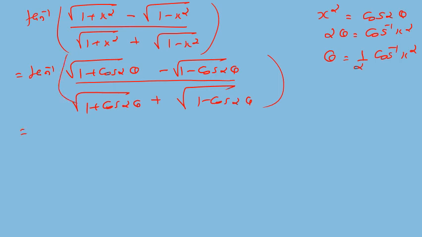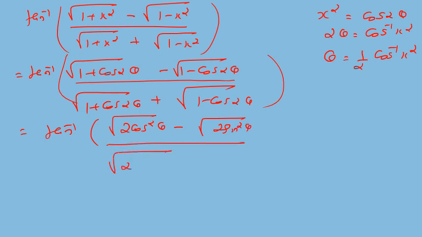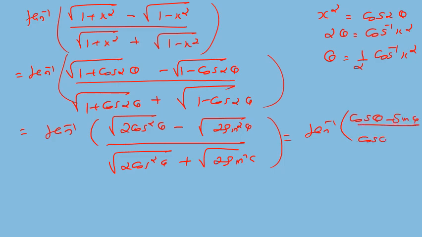So this becomes tan inverse root of 2 cos squared theta minus root of 2 sin squared theta by root of 2 cos squared theta plus root of 2 sin squared theta. After simplification you are getting cos theta minus sin theta by cos theta plus sin theta.